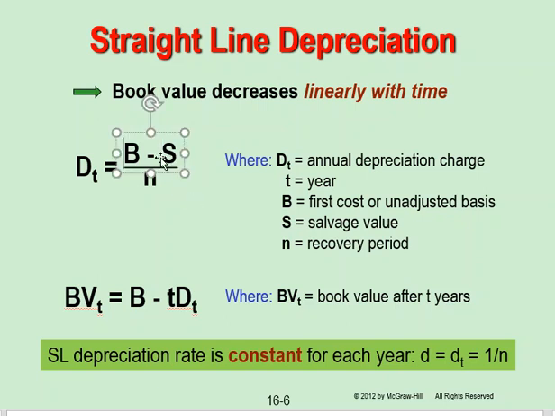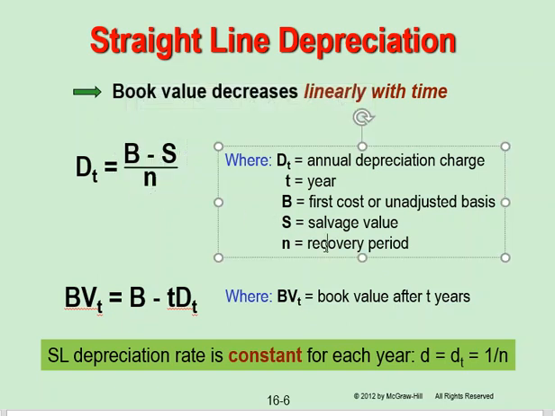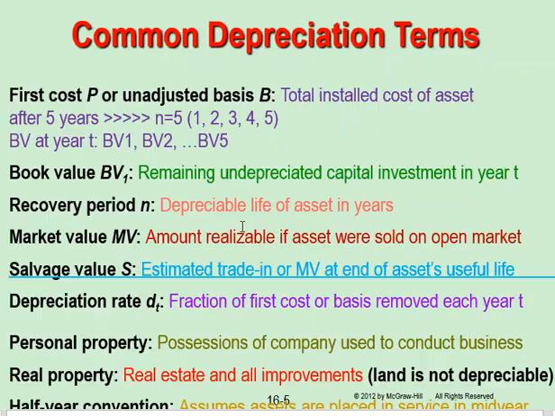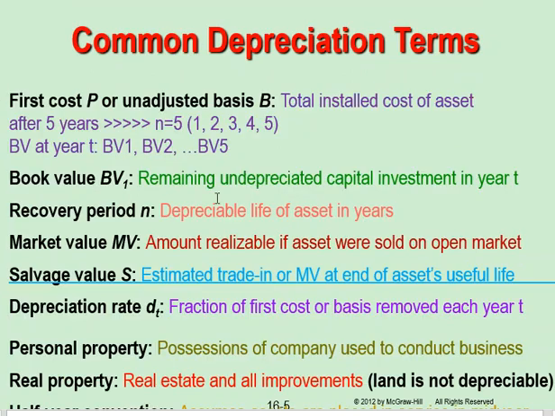Okay, this is given, and this is given. Then this will be easy to calculate. So this is the salvage value, this is book value, and N is the recovery period, and that's what we were discussing here. I don't know if we went through it. Where is the recovery period?